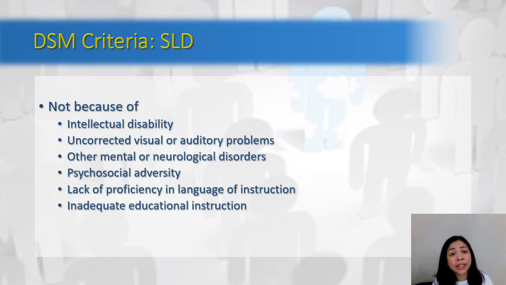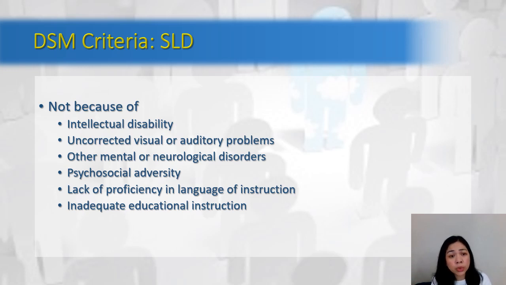And these are the exclusion criteria, meaning it should not be the same as intellectual disability. If the child has a general slowness of development, then it's better diagnosed as intellectual disability and not specific learning disorder. So they do not coexist.